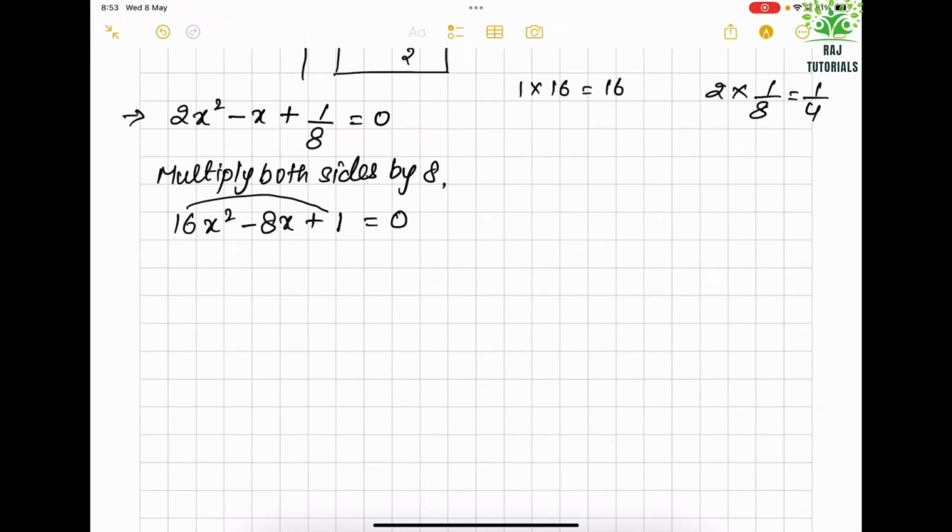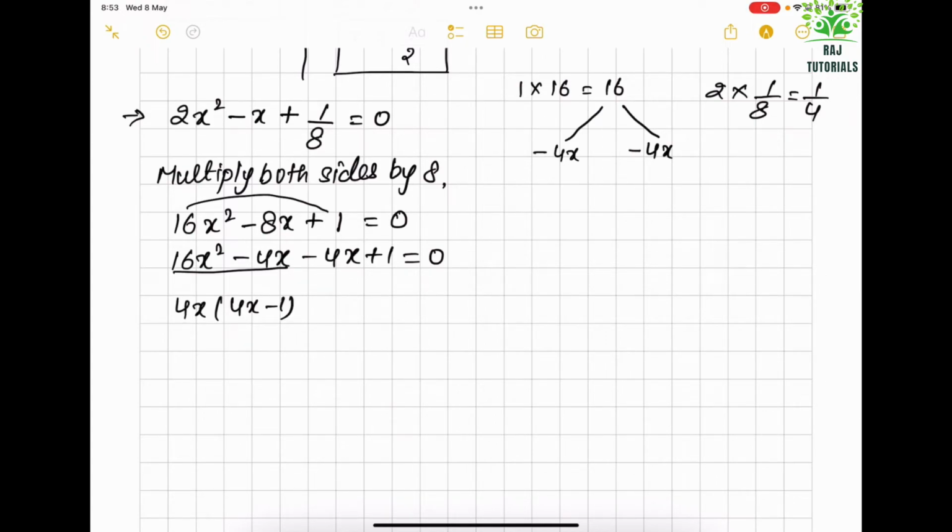Now I have to factor 16 such that I get 8. So can I say 4x and 4x? Here the sum is minus, so I can say minus 4x, minus 4x. So 16x square minus 4x minus 4x plus 1 equal to 0. From the first two I am taking 4x common, so 4x(4x minus 1).